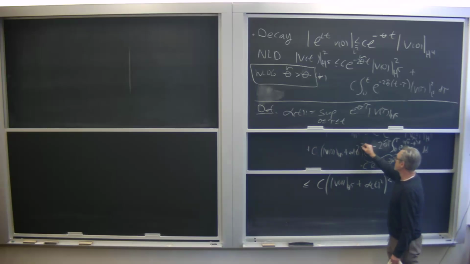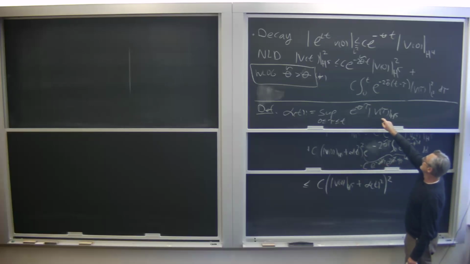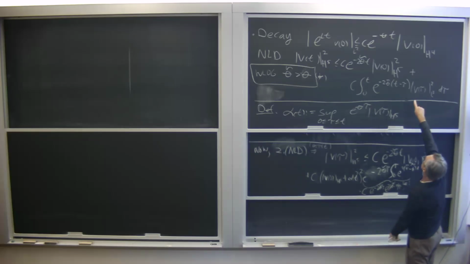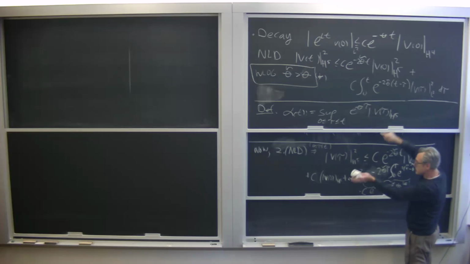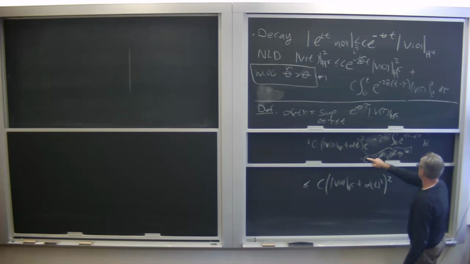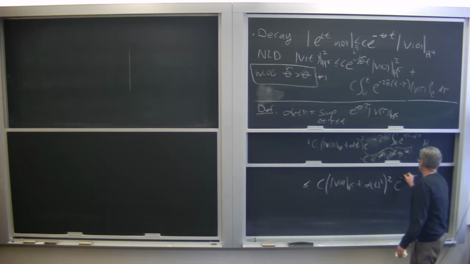Oh, I forgot, this is squared because I used the L2 norm to estimate the L2 norm squared. Here it's L2 norm squared, so there was a square there. And I can simply bound it by this and e to the minus theta tau. Good. Okay, and so that 2 theta tau.